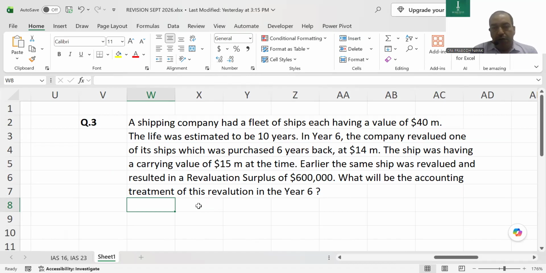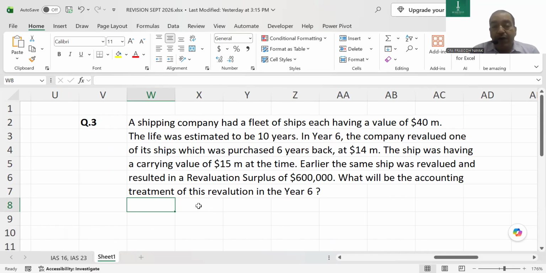So, a fleet of ships means a number of ships, a group of ships, each having a value of $40 million. Life of the asset, 10 years. In year 6, the company revalued one of its ships, which was purchased 6 years back at $14 million.